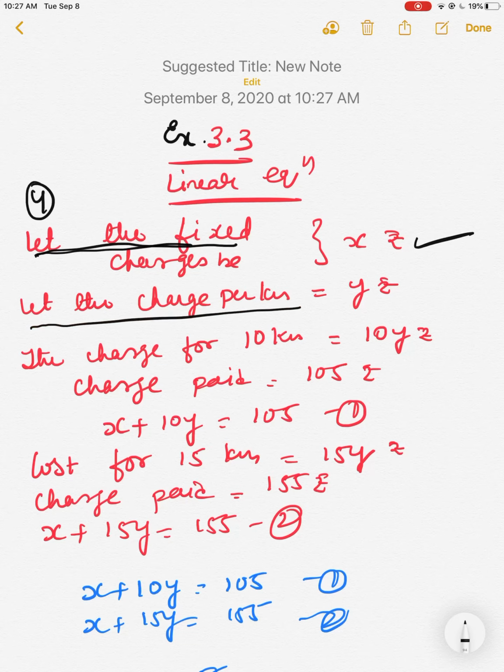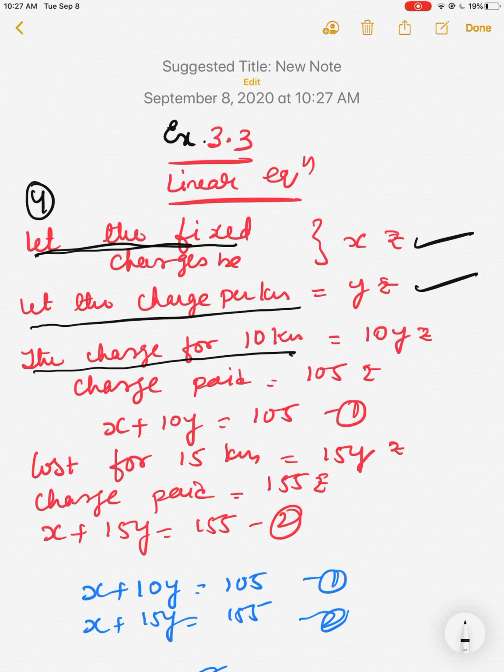Charge per kilometer is equal to y rupees, because the rest of the amount is paid according to the distance traveled.